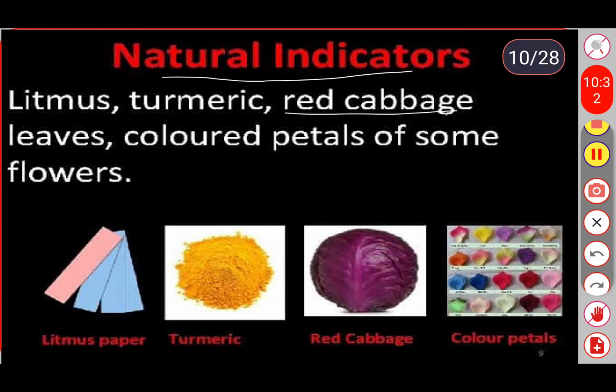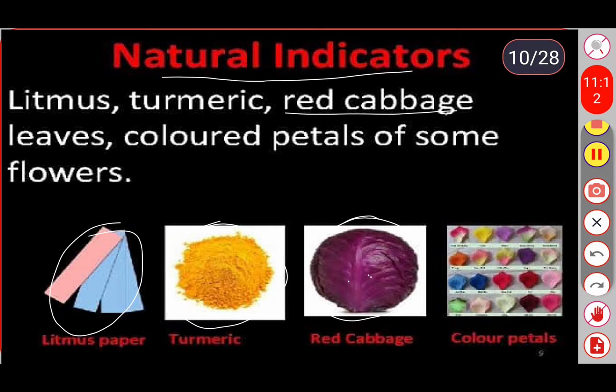Here you are observing the first one is litmus paper, second is turmeric juice or turmeric powder, and third is red cabbage. Red cabbage juice is purple in color. It turns red in an acidic solution but green in a basic solution. So red cabbage is also one type of indicator.